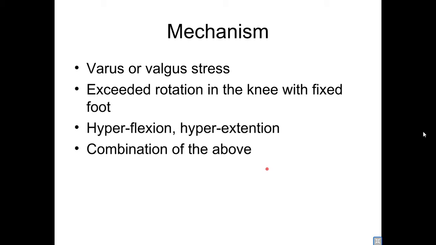Fixed foot means that this is a loaded limb at the time of injury. And then hyperflexion, hyperextension, but most often the injury mechanism is a combination of the above mentioned mechanisms.